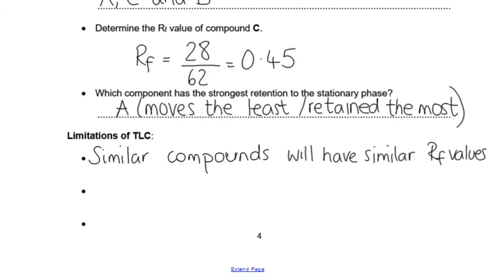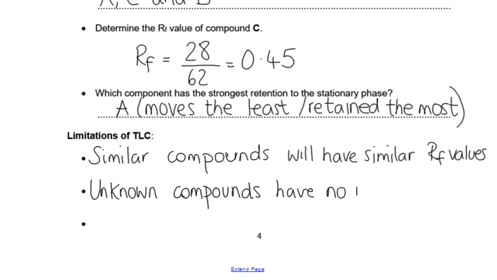If they're very similar, they're going to have similar RF values. Unknown compounds have no reference data, so for new things that you've discovered, you can look them up and they're not going to be there, so you can't figure out what it is.